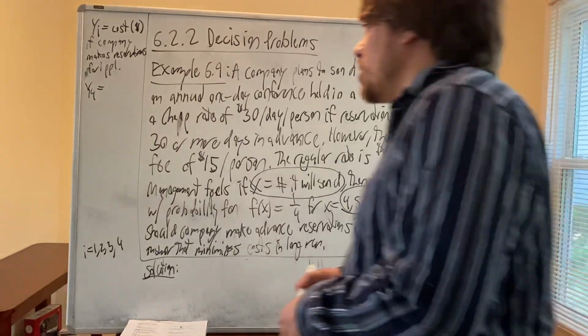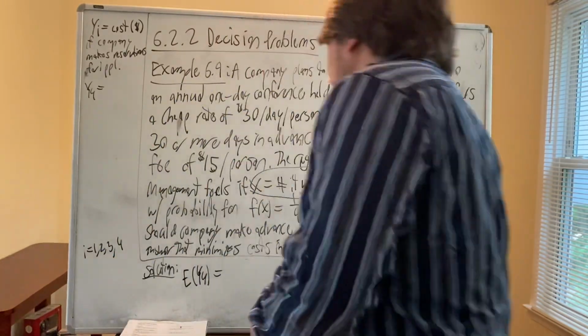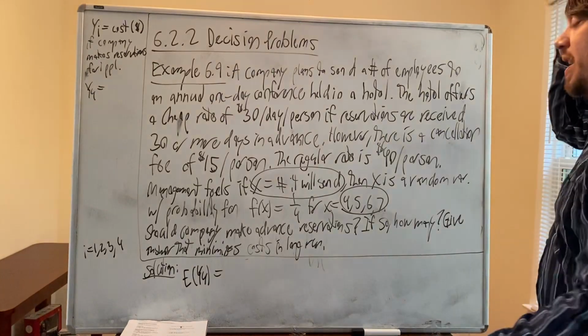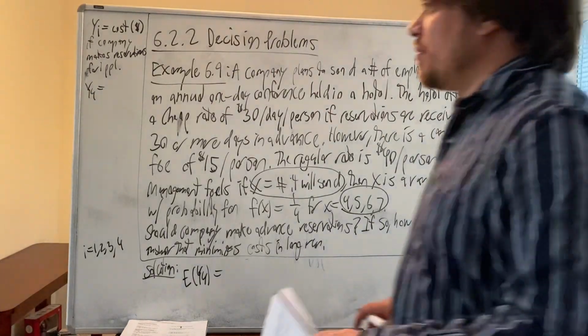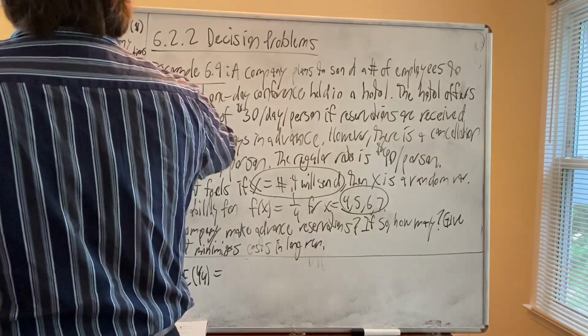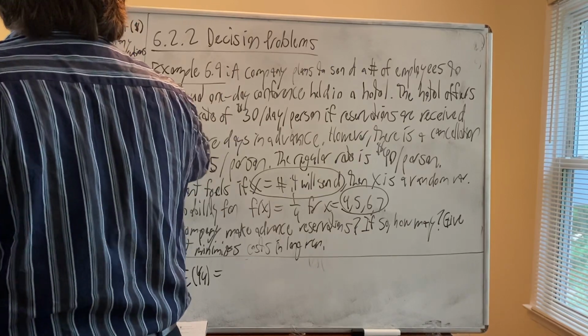Okay, so what is the expected value of y sub 4? Well, first off, if 4 people attend, the value of y sub 4 is 120.